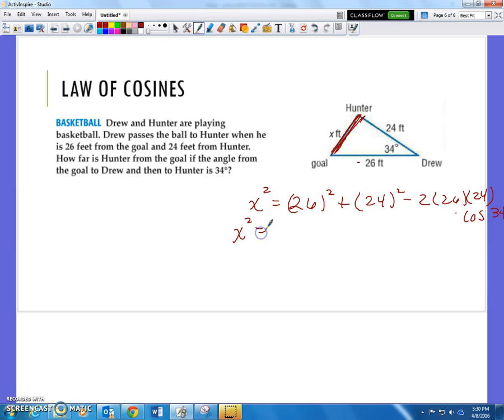Well, I'm going to say x squared equals 676 plus 576 minus 1248 cosine of 34.